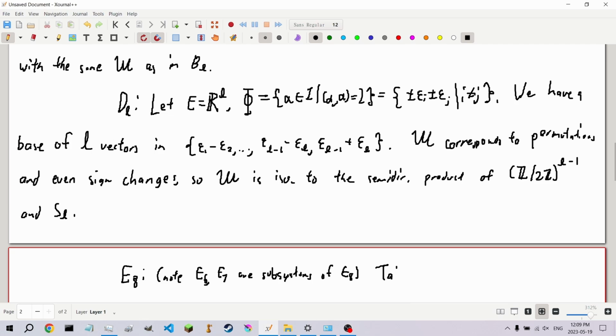So we're going to take E to be the 8-dimensional real vector space, and take I prime to be equal to I plus Z of the sum of epsilon 1 through epsilon 8 over 2.